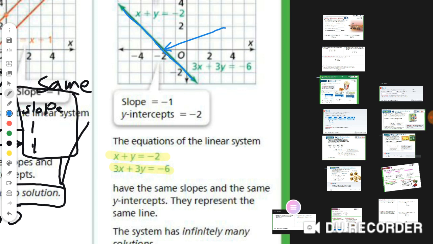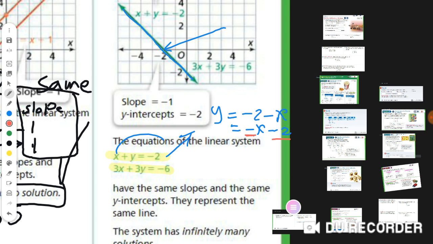First one, to write it as y equals, I have to send x to the other side by negative. So y equals -2 minus x. And instead of this, I want to write it as -x minus 2. It's the same. But as we regularly write it, we write the x first, then the intercept part of y. So the slope here is -1, as you see, and the intercept is -2.